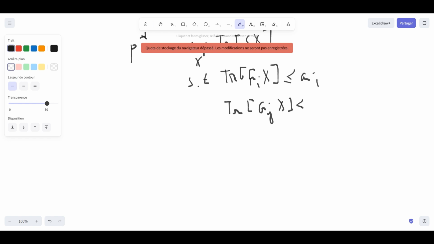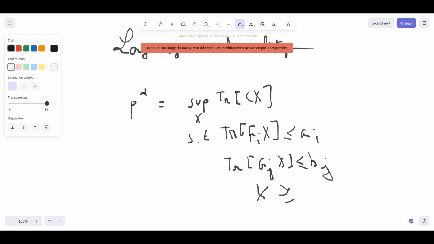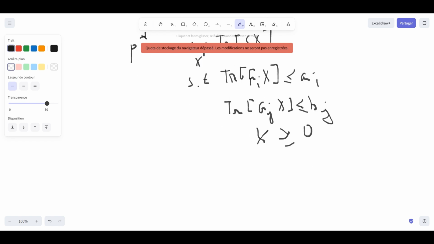You can add other constraints, but we'll go with two constraints today. As we said before, the difference with linear programming is that you can add semi-definite positive constraints. So x here will be semi-definite positive, which just means all its eigenvalues are positive.